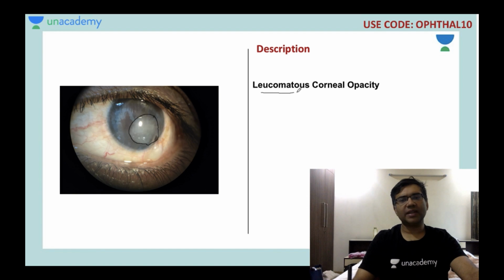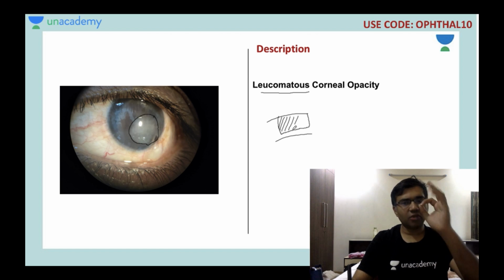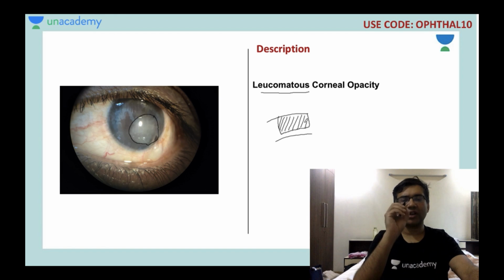This is a leucomatous opacity. You would ask me, sir, what is the leucomatous opacity? So if this is your cornea, and if the opacity is basically covering more than half of the stroma, remember the stroma is the thickest layer of cornea, if it is covering more than half of the stroma, then this is a leucomatous opacity.